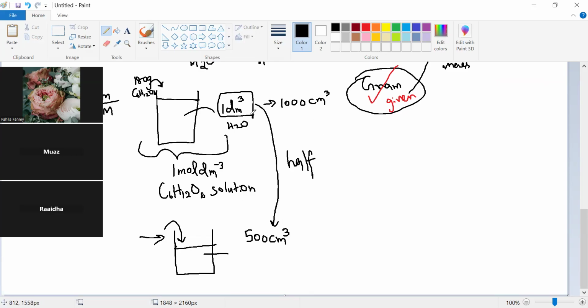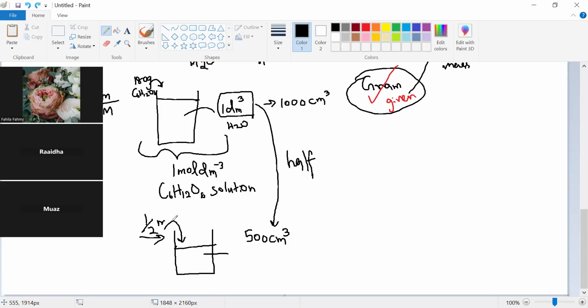The water I have taken is not 1 cubic decimeter, not 1000, I have taken 500 only. So how much glucose should I add to this half if I want only half of the composition? Half. So how much is it? Half a mole, you mean?